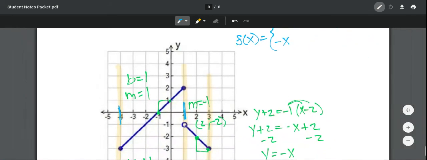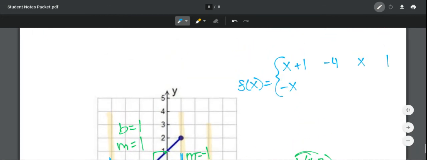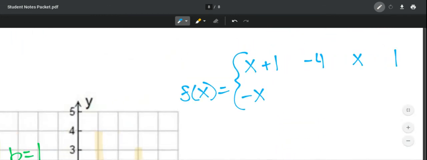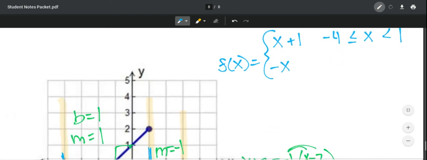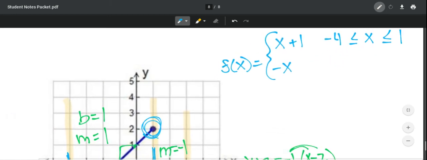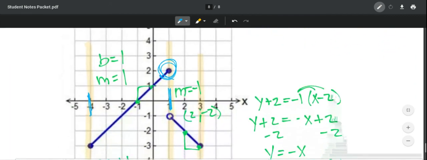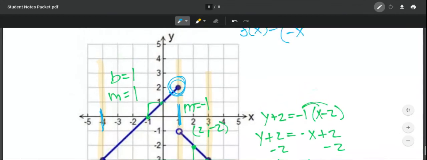So -4 was a closed circle, and x values are bigger than -4. So the bigger end goes next to the x, but smaller than 1. And it is a closed circle over here, so it has to be equal to as well. Now the second equation, it's an open circle at 1.